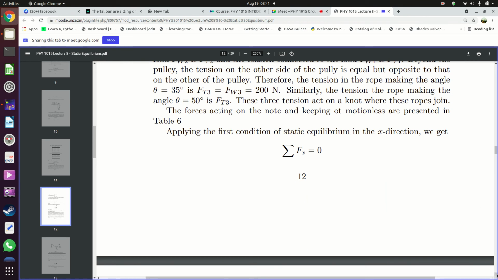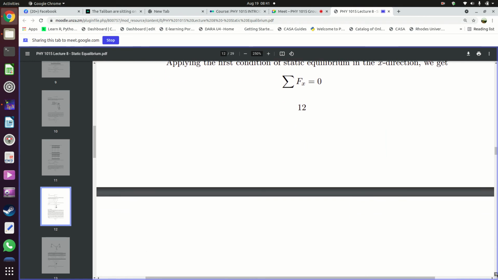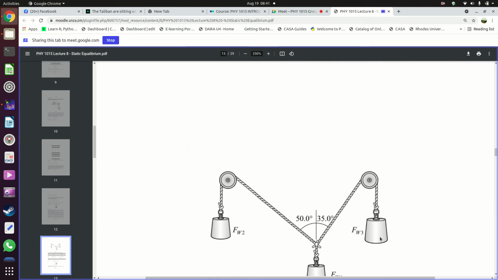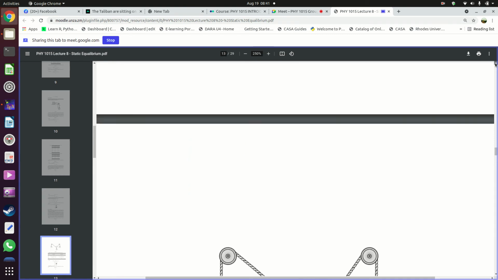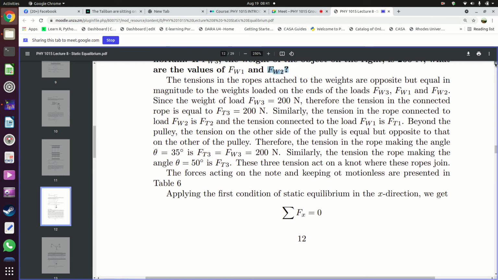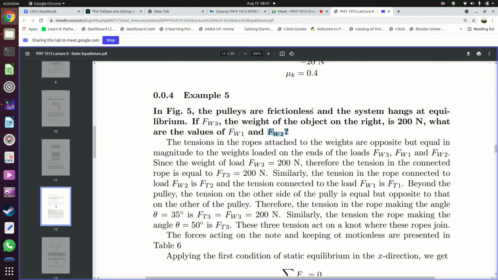the other thing we have mentioned, if you recall, is that the weight of the object is equal to the tension in the rope. Now, we've been given a piece of information: Fw3, the weight of the object on the right, is 200 newtons. So one of the weights is known.